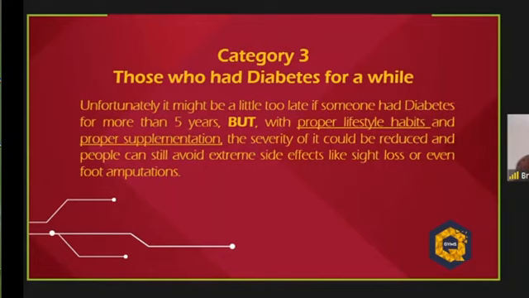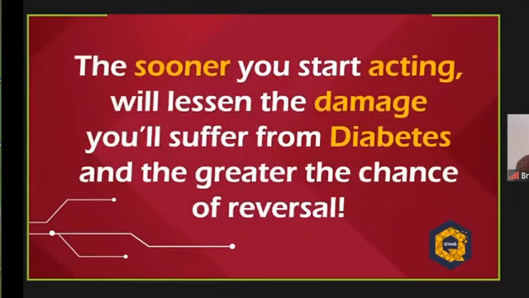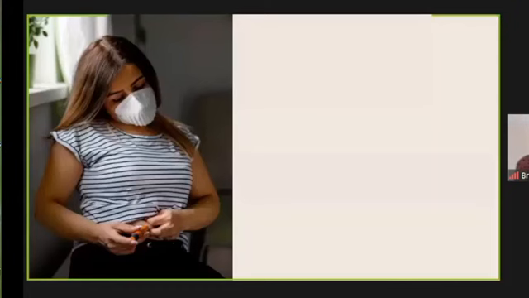Especially since diabetes is not cancer. It's not AIDS or any of those dangerous diseases. It's totally manageable with the right lifestyle habits. So start acting, it will lessen the damage from diabetes. Later, your chance of reversal will be lower.